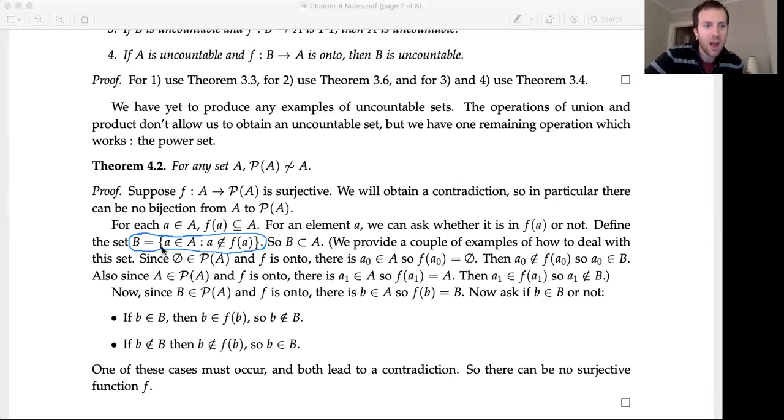And so define the set B of all A's which aren't in their subset, which is a little weird sounding, but every A is paired with a subset. You can ask, is the A you started with an element of the subset assigned to it by this function?